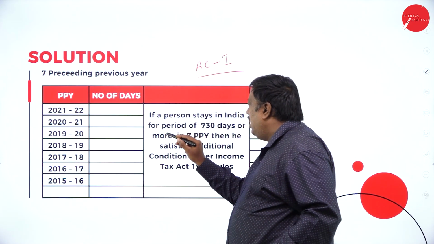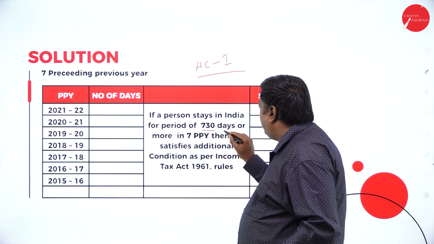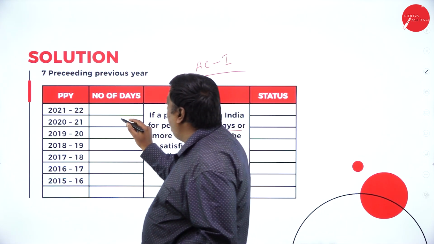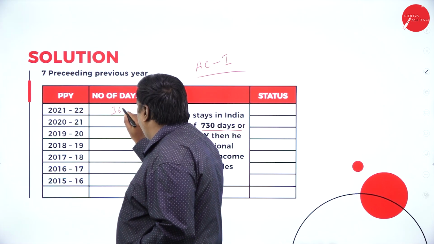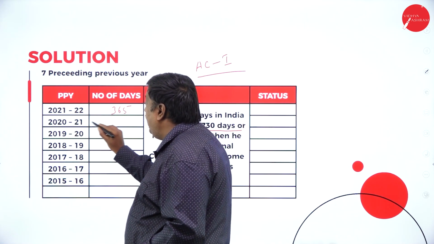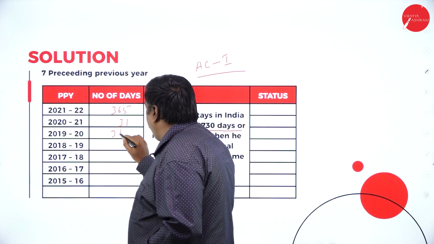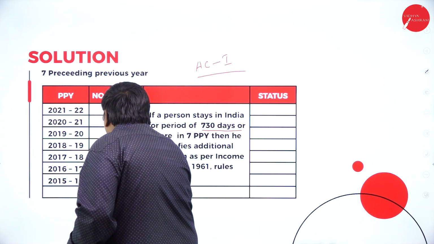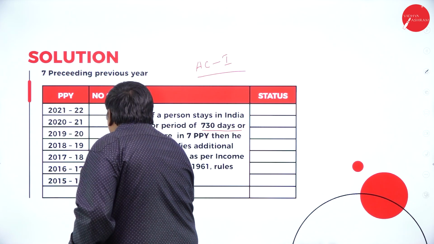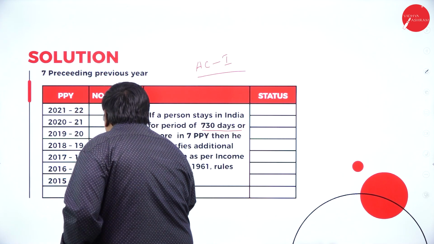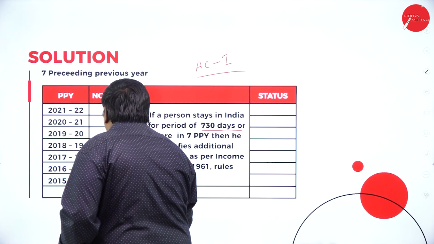It says that one should stay in India for a period of 730 days or more in the 7 preceding previous years. 2021-22, I was in India 365 days. 2020-21, I was there only for 31 days, and then 365, 365, and 366.